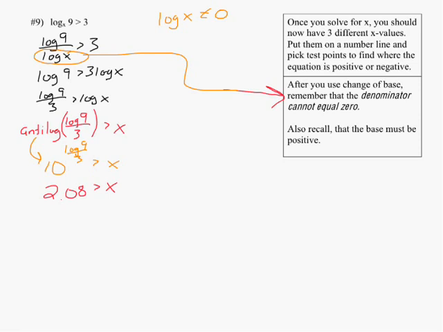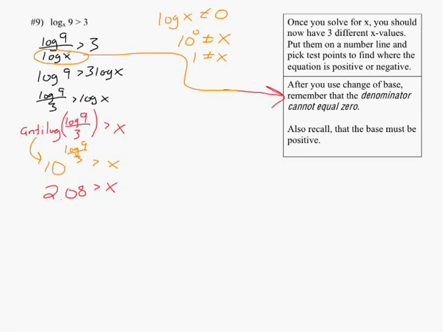If you change this to exponential form, we're saying 10 to the 0 can't be x. 10 to the 0 is 1. So for this problem, we're saying our solution is 2.08 and everything bigger, but it can't be 1, which fortunately for us, 1 doesn't fit in the 2.08 and bigger.